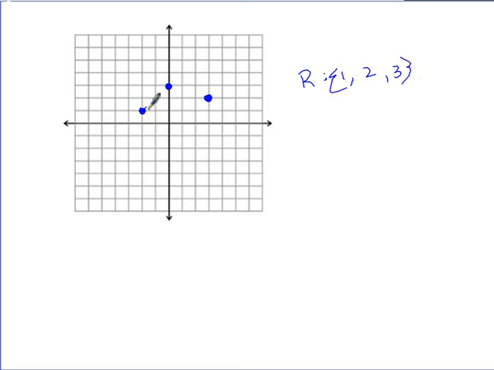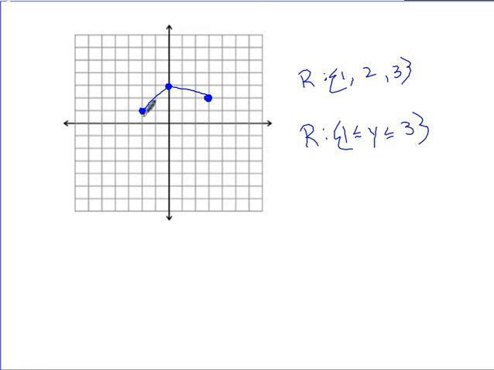If I connect these points, now my range can be anything between 1 and 3. Let me show you this, if I shade here, anything between 1 and 3 is part of that graph. So my range now would be 1 is less than or equal to y is less than or equal to 3. Alright, so that's my range now.